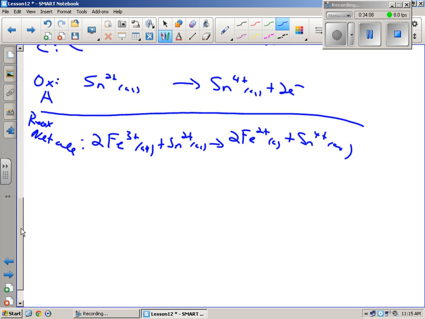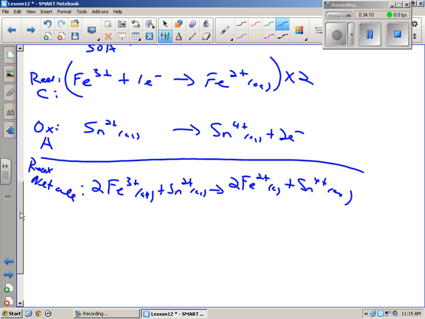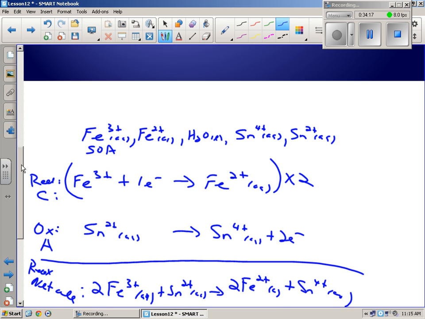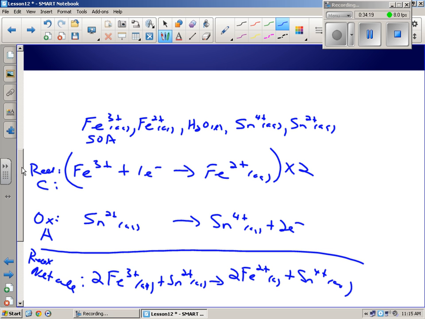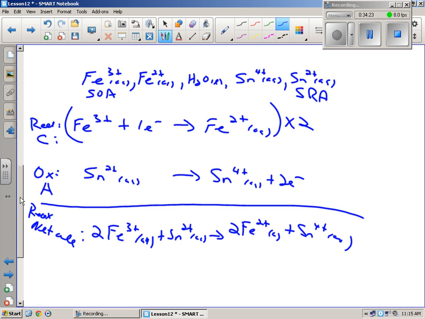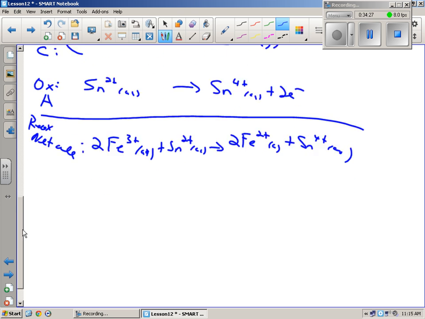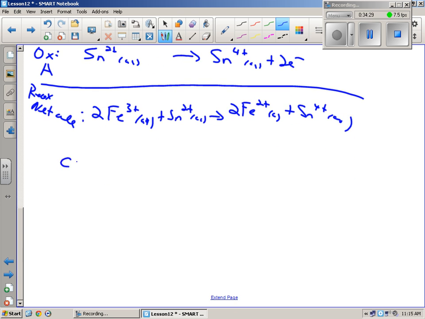Well, once again, let's maybe do cell notation first. Cell notation, I want to start with the anode. What's my anode in this case here? Oh, by the way, that's your SRA there, right? What is the anode in this case? Well, look up there. There's no solids, right? No solid chunks of metals. So I need to probably say carbon solid here.